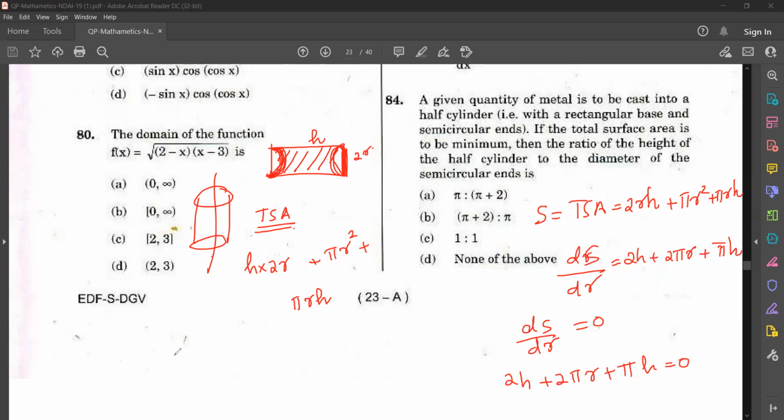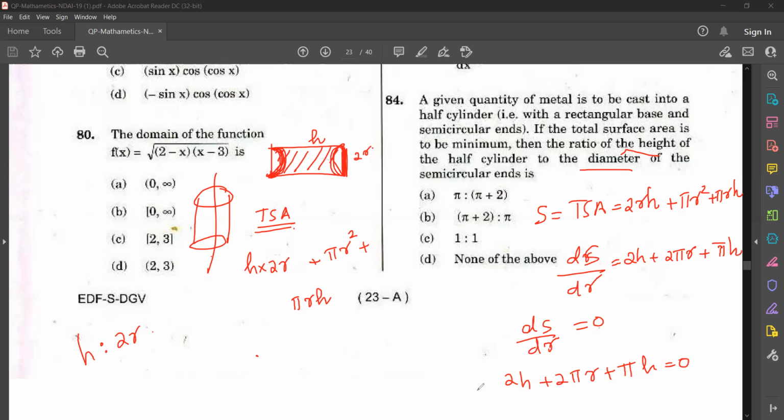So from this, try to find the ratio, because here we need the ratio of height to diameter, h is to 2r. How can we make it from here?